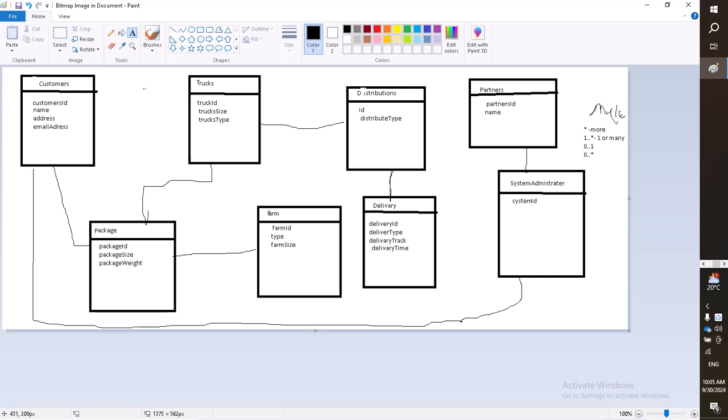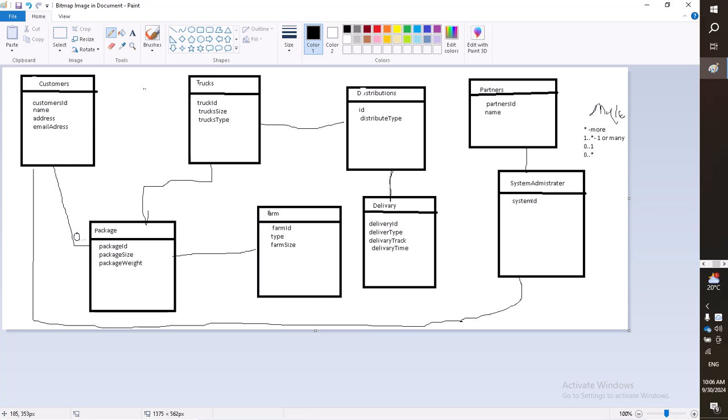What you have to keep in mind when you are writing this, when you are connecting them, first think about how the customer interacts with a package. The customer is able to get a package many times. It may happen that the customer doesn't get the package, which is the 0, or can get the package many times.